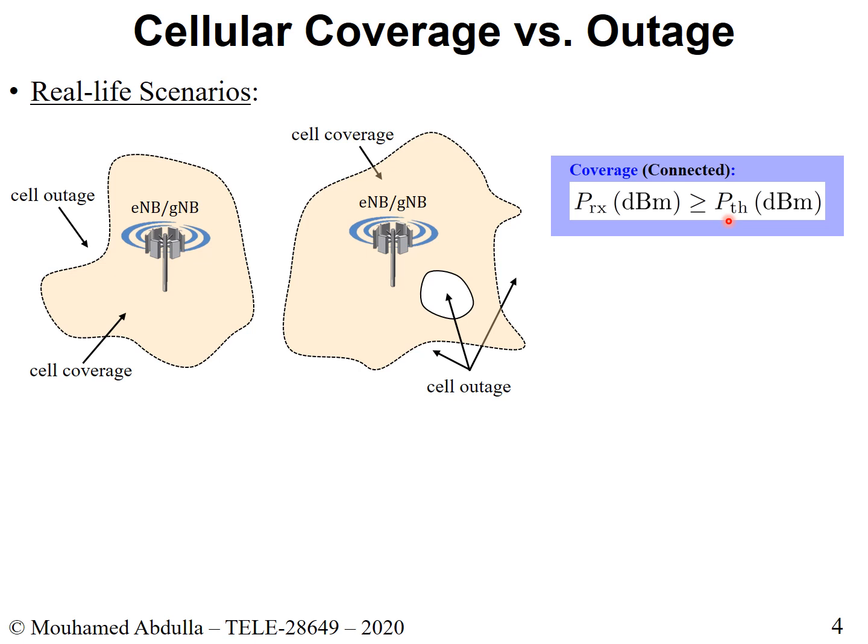We had to figure out if we are above the sensitivity of the receiver or below the sensitivity of the receiver. Depending on the manufacturer of a Wi-Fi product, you could read its manual and figure out what the sensitivity is. And if you are anywhere above the value of the sensitivity, you are okay.